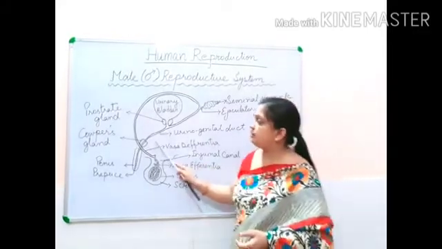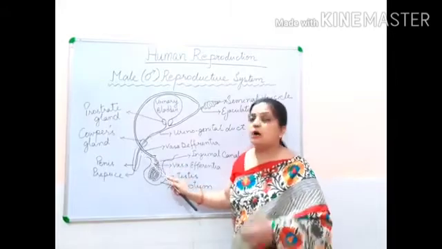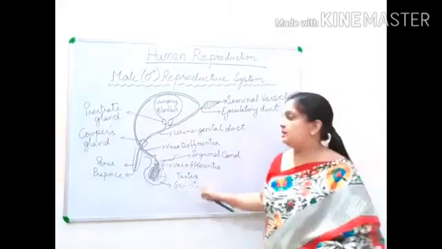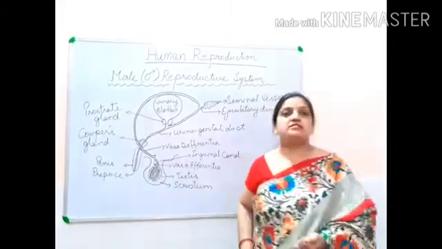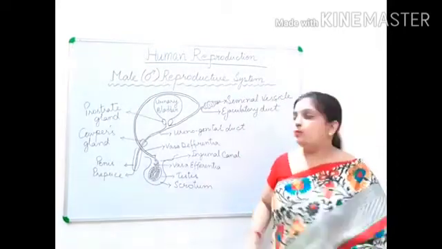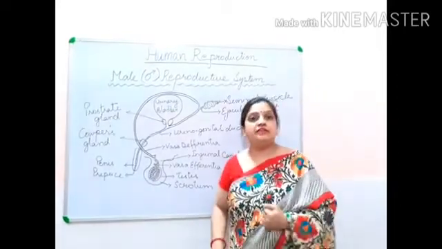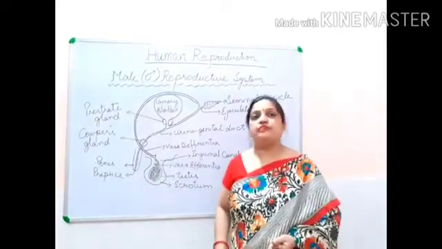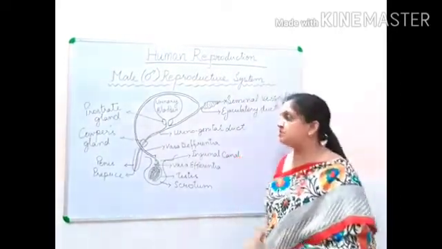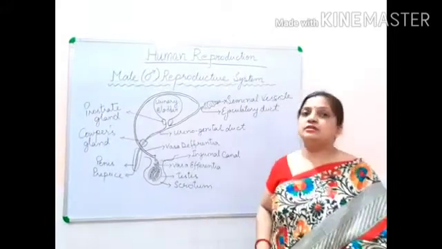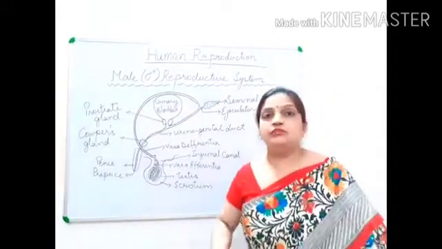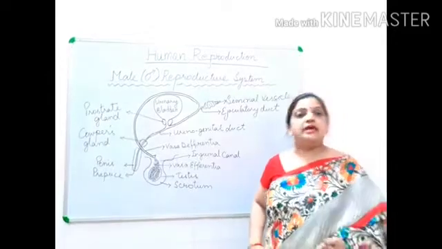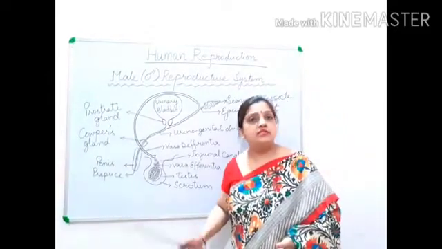Now this urinogenital duct opens outside the body into the penis, and the penis is an external genitalia which is used for the release of urine, that means for urination, and it is also used for insemination, for the transfer of semen into the female reproductive system.